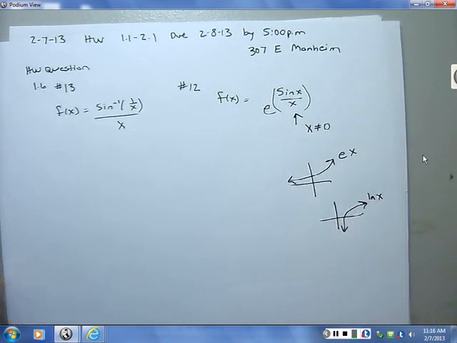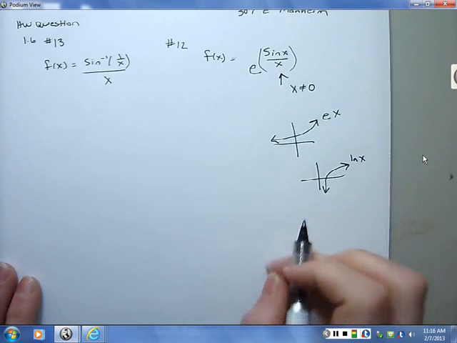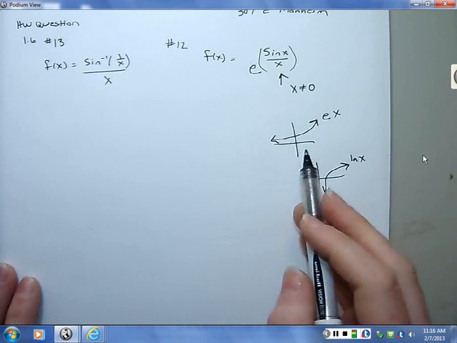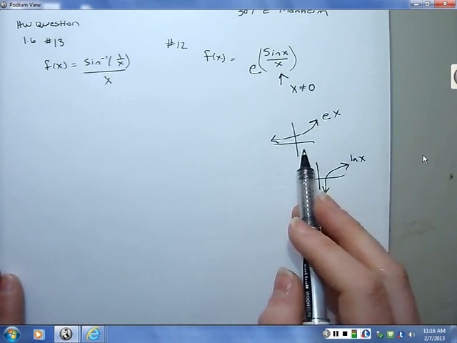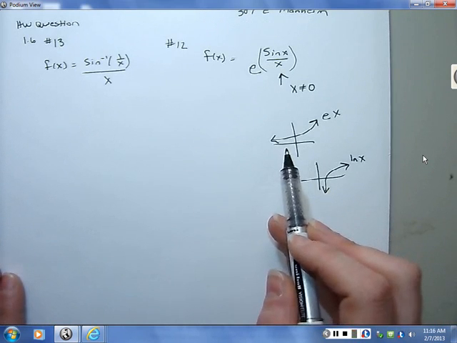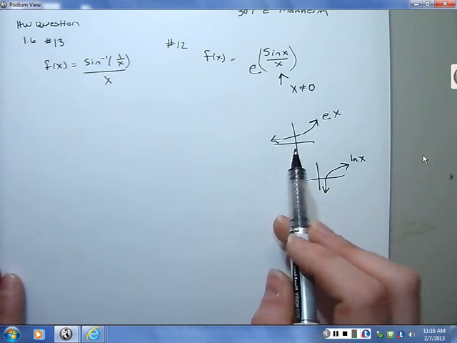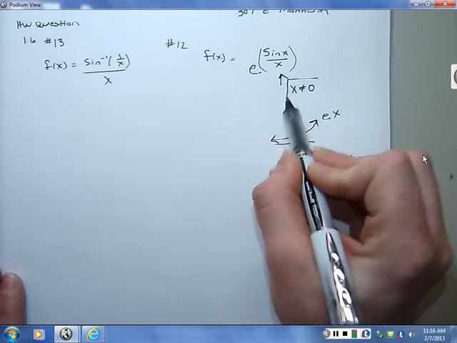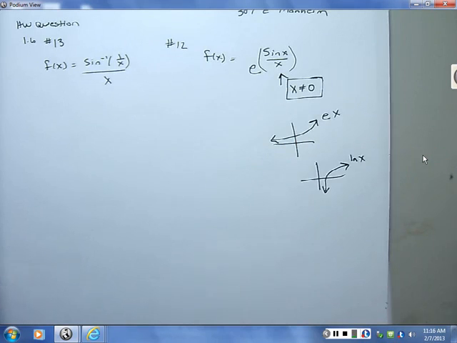So you can see clearly I cannot plug a negative number into ln of x, and I can plug any number into e to the x, but it will never be 0 or negative. So here, the only concern we have is when x is 0. Everything else is perfectly fine, and it's going to be continuous.